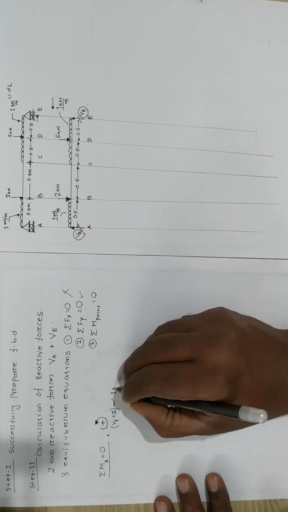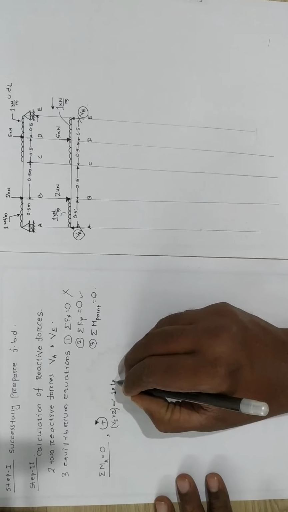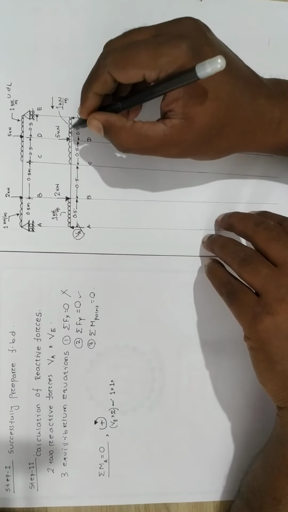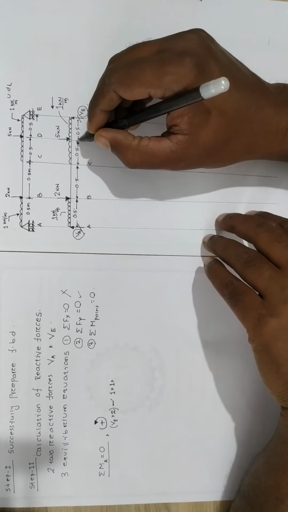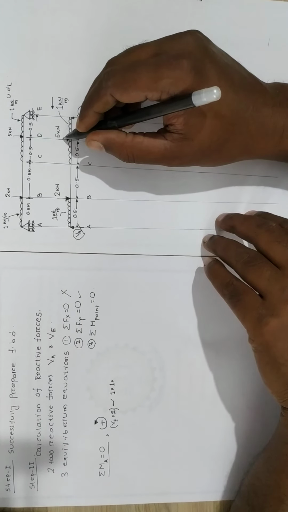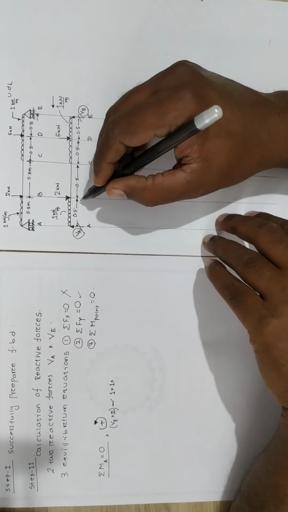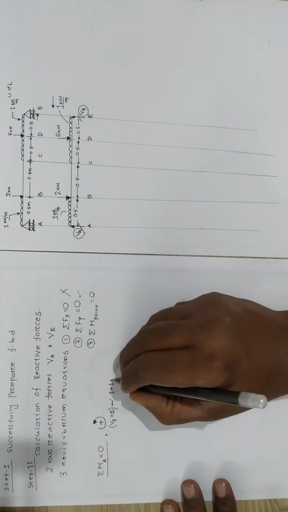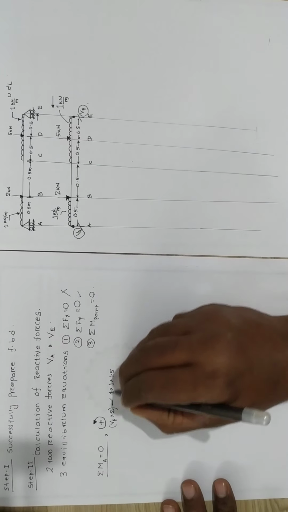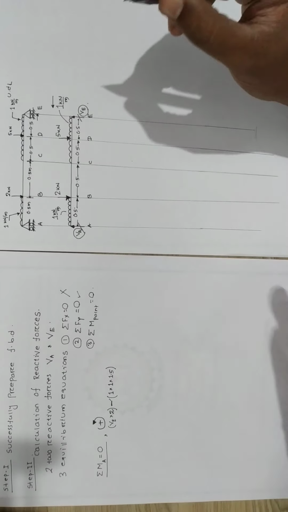So 1 into 1 kilonewton per meter into 1, and what will be the perpendicular distance? If it acts at the centroid, in the middle, at 0.5, then the perpendicular distance between this point and point A will be 0.5 plus 0.5 plus 0.5, so this will be 1.5. Then another force, 5 kilonewton.